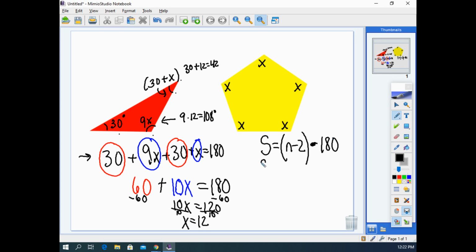So in this case, my sum should equal 5 minus 2 times 180. So my sum for a pentagon, the sum of the angle measurements of a pentagon, will equal 540 degrees.